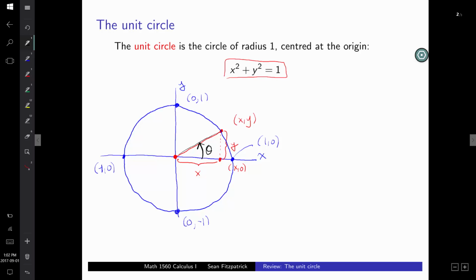One thing I'll point out is that we're initially going to define trig functions as functions of this angle, and then eventually we're going to want to say that our trig functions should be functions of a real variable. All of the functions we deal with in calculus are functions of a real variable, so we want to make this identification between angles and real numbers.